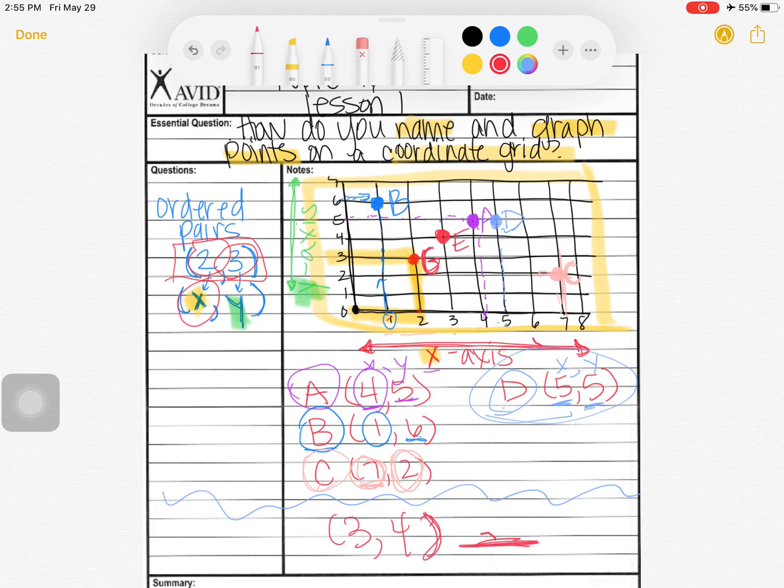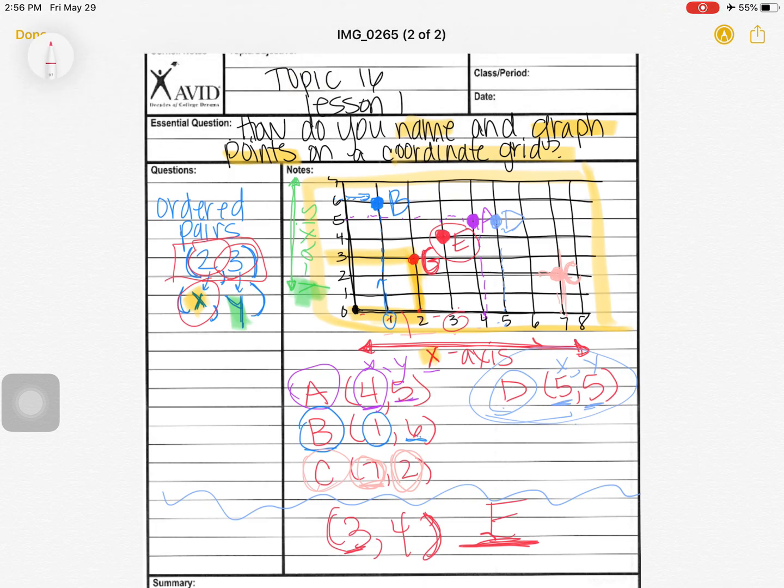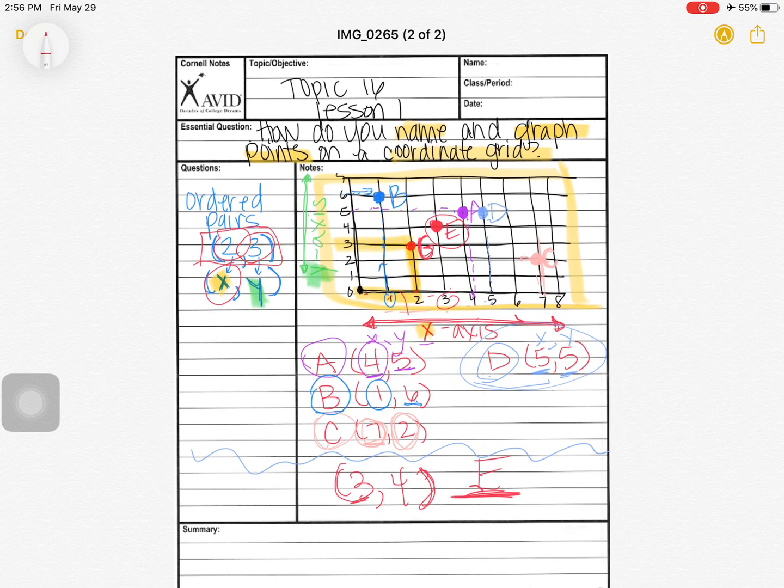What's the name of 3, 4? So I go to 3 on the x-axis, and I go up to 4, and there's that dot. That dot's name is E, so my answer would be E. So you're just going to be looking at ordered pairs on the coordinate grid and finding the appropriate name for it.